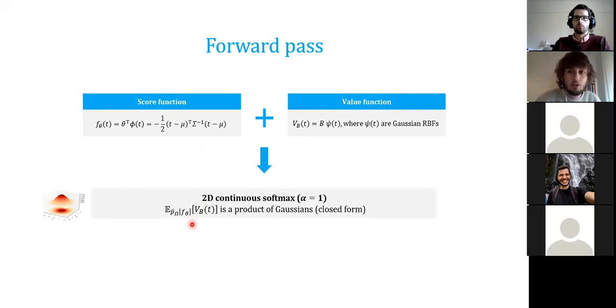In fact, we show that this closed form solution is also valid for an arbitrary number of dimensions. And this is nice if you're interested in, for instance, attention mechanisms over higher dimensional data.